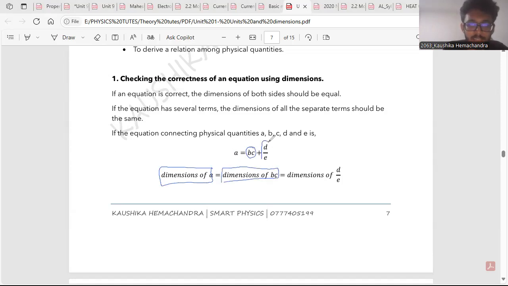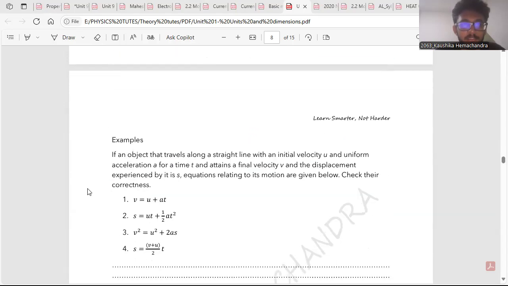And that should be the same as the dimensions of D over E, right? Not just individually D or E or B or C. The dimensions of the BC product should be equal to the dimensions of D over E. And that should be equal to the dimensions of A. So that's how you check the correctness of an equation.